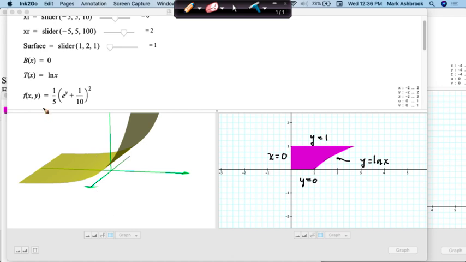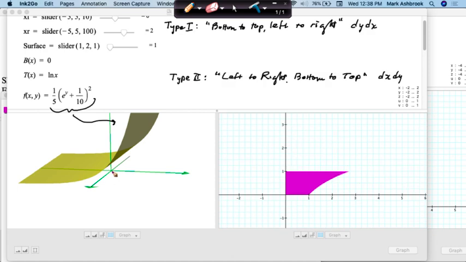And here's our function, which is the surface. It's like an exponential cylinder, right? Can you sketch that region in R3 first of all, and then set up both a type 1 and type 2 integral to find the volume beneath that surface to the xy plane, defined laterally by the region?